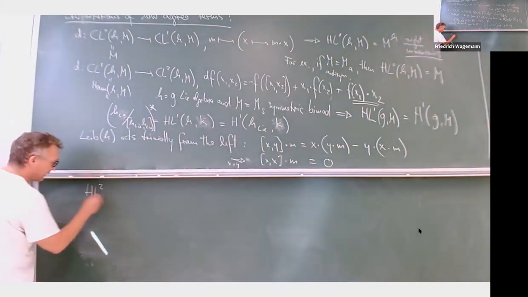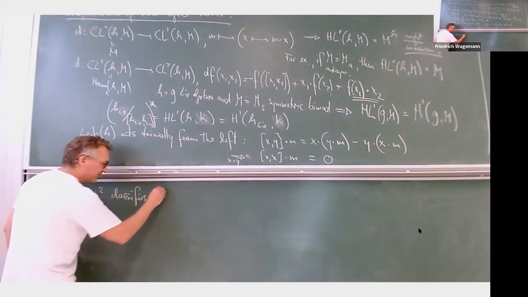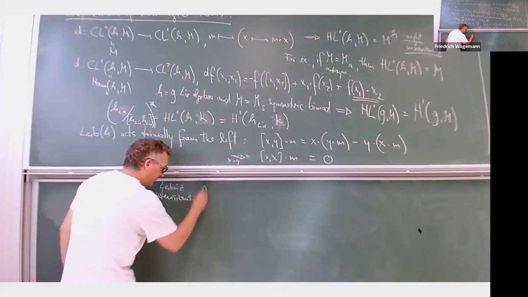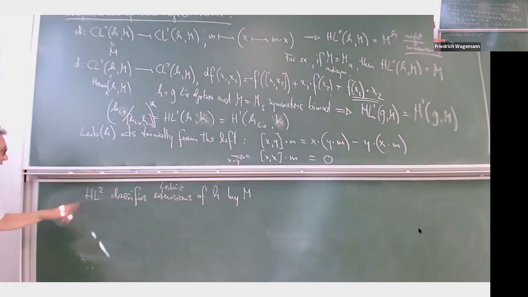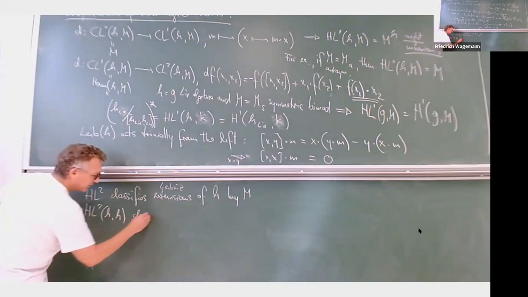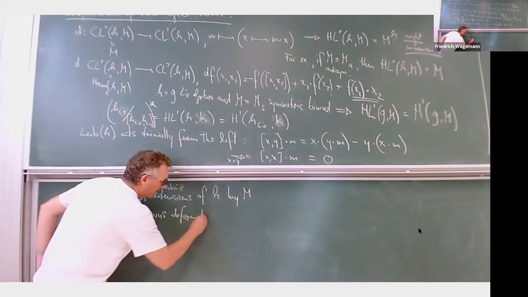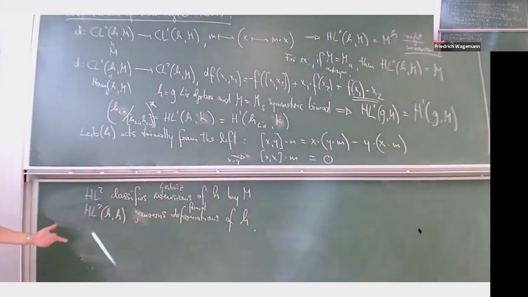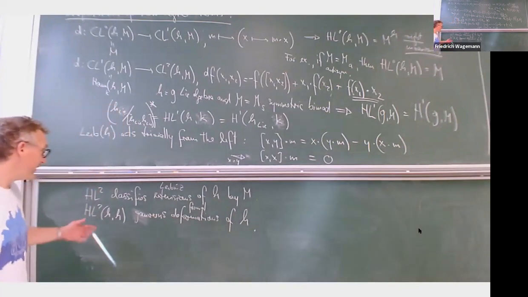HL2, exactly as in the case of Lie algebra, classifies extensions, yeah, but Leibniz extensions of H prime M, yeah, and HL2 of HH classifies, yeah, governs deformations, formal deformations of A. Yeah, exactly the same as Abdel-Nasser Makhlouf discussed in his lectures.